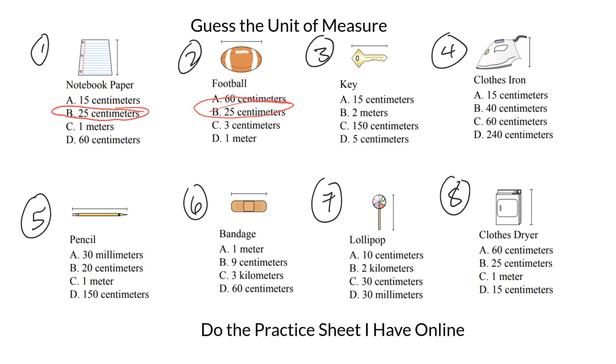So for a key, all right, let's take a look at a key. Our key is not 2 meters. No way. Too big. 2 meters is like 200 centimeters. Not going to happen.